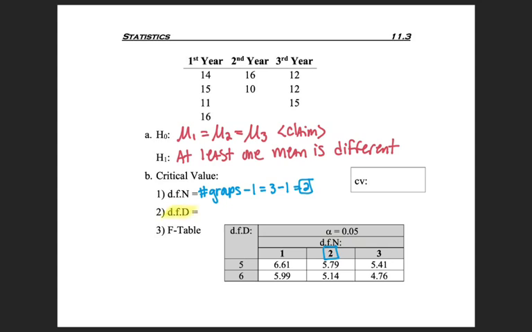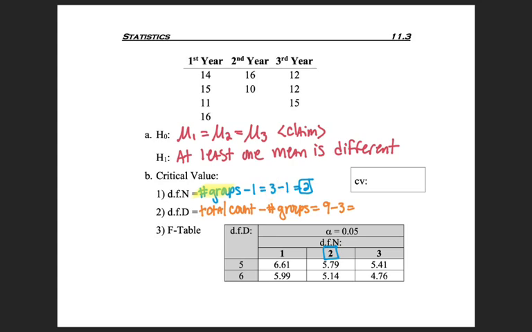Next, we need to find the degrees of freedom for the denominator, and the formula for this is the total count minus the number of groups. So we come over here and say 4 plus 2 plus 3. We don't need to add the actual values, just how many items per group, and 4 plus 2 plus 3 is 9, minus the number of groups.